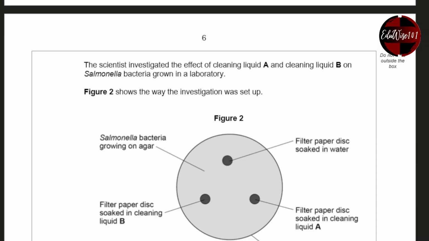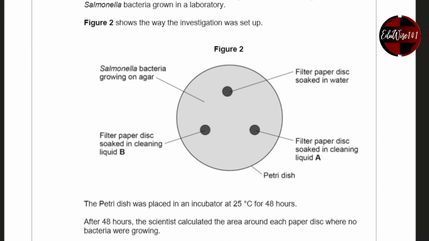The scientists investigated the effect of cleaning liquid A and cleaning liquid B on Salmonella bacteria grown in a laboratory. Figure 2 shows the way the investigation was set up. Salmonella bacteria growing on agar, so the light gray is bacteria growing on the agar.